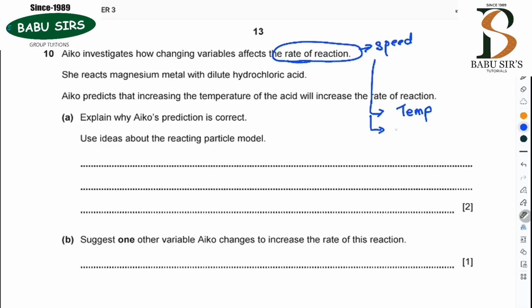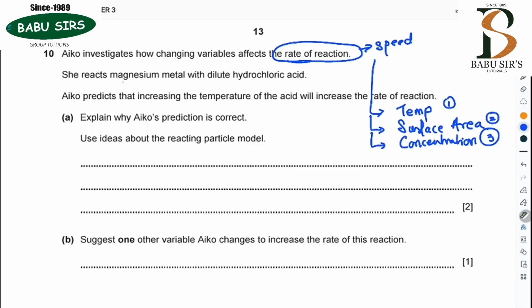Second is surface area. And third is concentration. So these are the three things. And fourth is the catalyst. So I'm not writing the catalyst part, I'm writing the three parts.